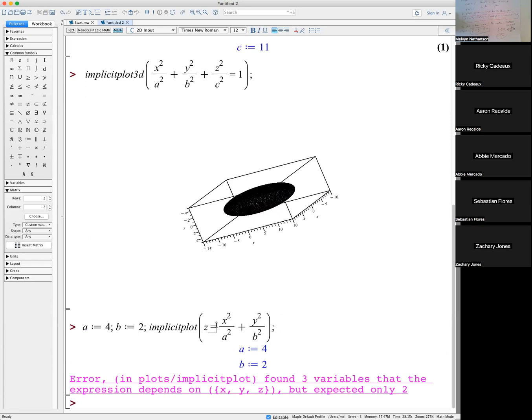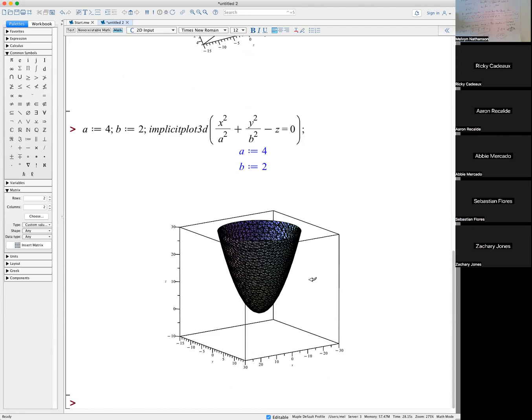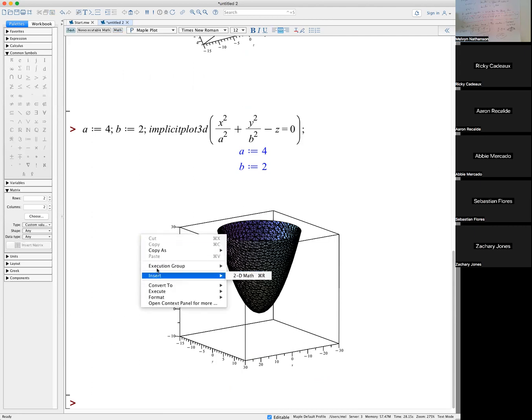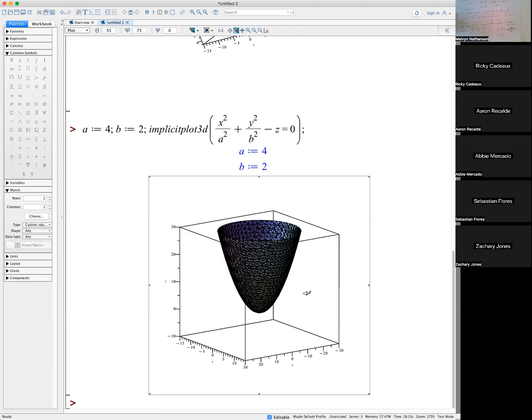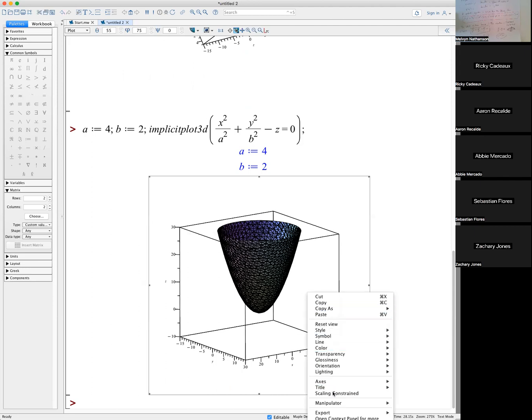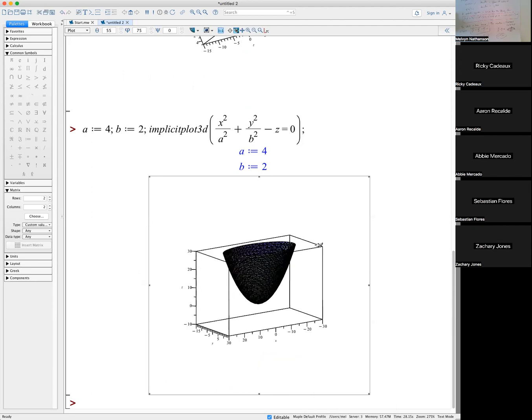Let me try something different. Oh, implicit plot 3D. I forgot the 3D. There we are. Let me do this to scale. There we go.